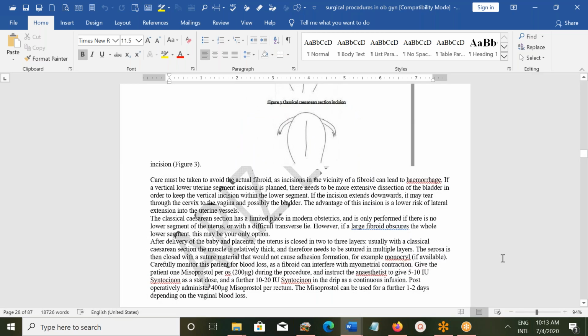Care must be taken to avoid the actual fibroid, as incisions in the vicinity of the fibroid will lead to hemorrhage. If a vertical lower uterine incision is planned, then there needs to be more extensive dissection of the bladder.